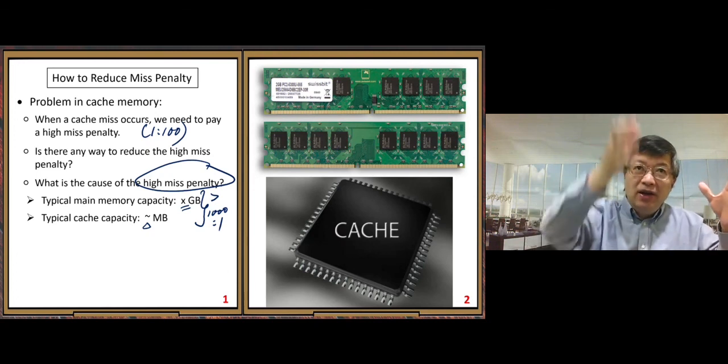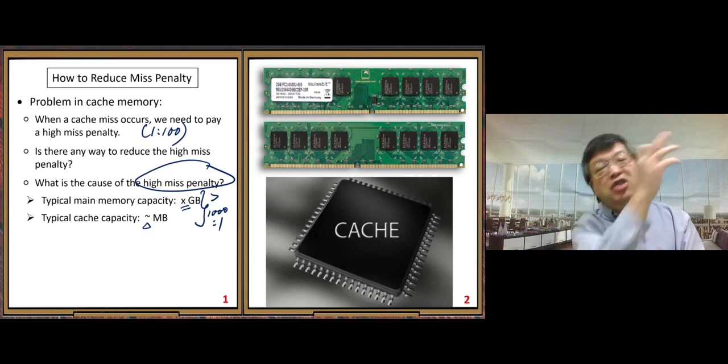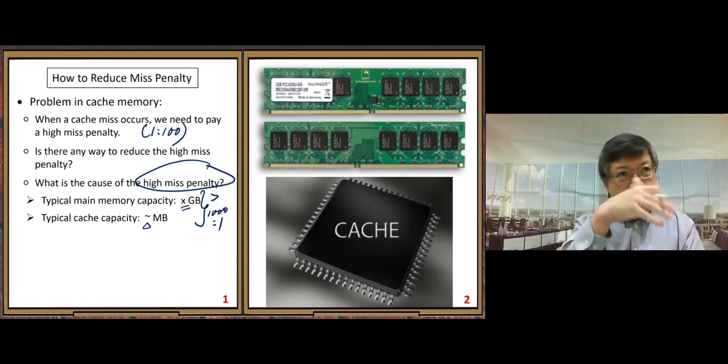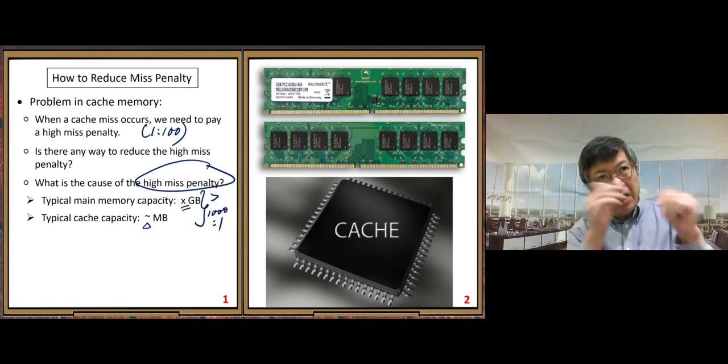Add another level of cache. So the multi-level cache idea comes out, obviously, with this kind of analysis. You can understand we should use multi-level caches.